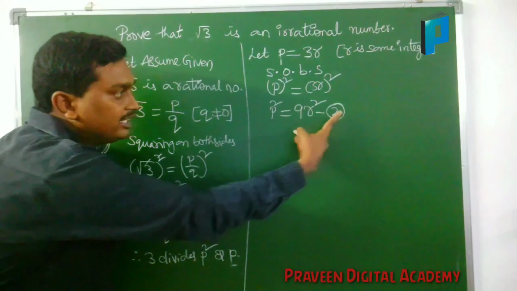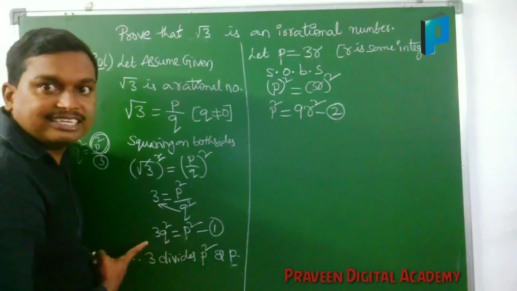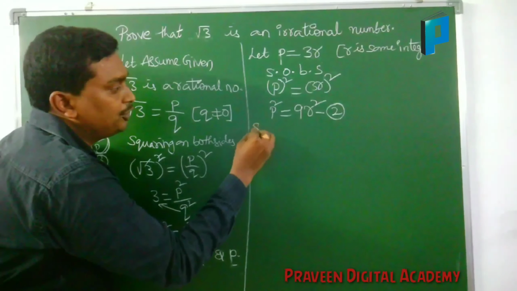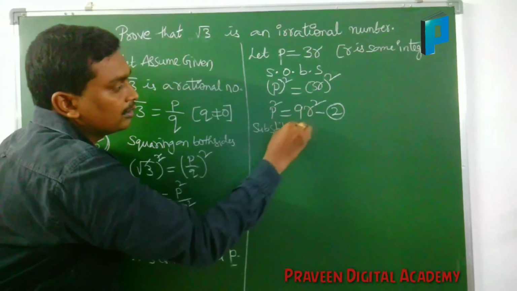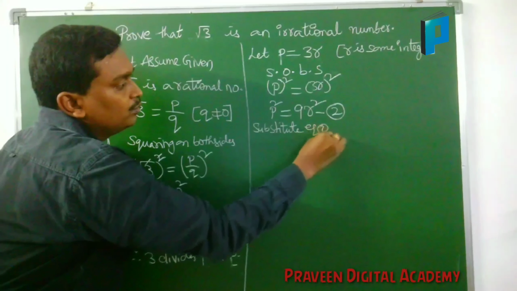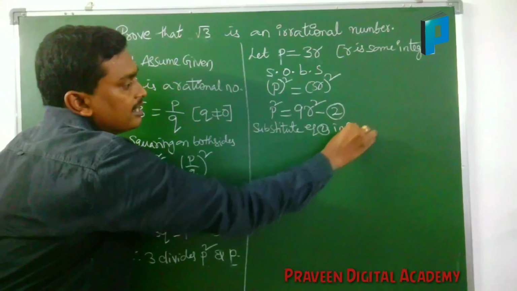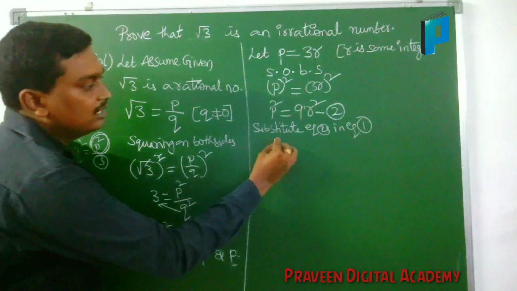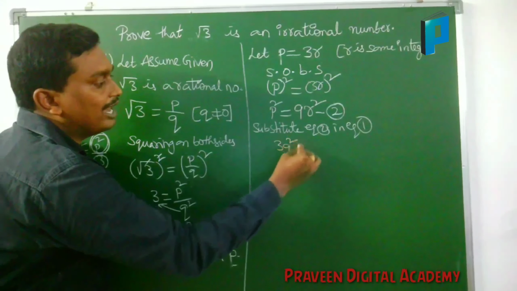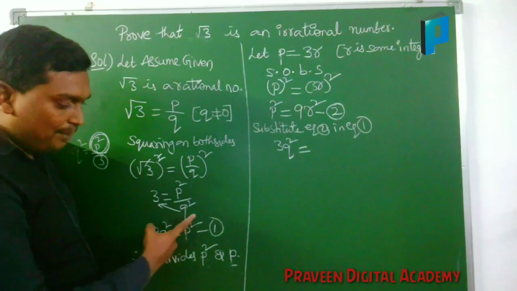Now substitute equation 2 in equation 1. What is equation 1? 3q square is equal to p square.